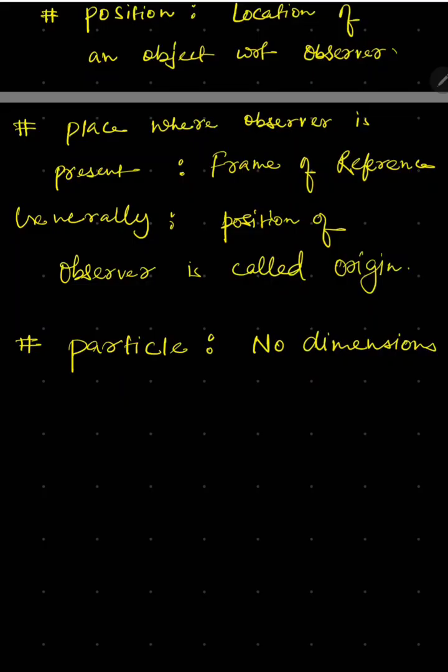Whenever we say that a particle is moving, a particle is being dropped, or whatever the scenario, here the particle simply means it has no dimension, or even if it has dimension, it has no significance. No dimension means it has no radius, no length, no breadth, no height, nothing. It is a point size object.